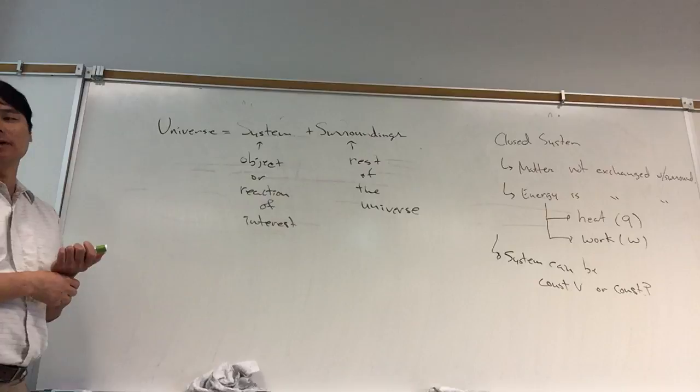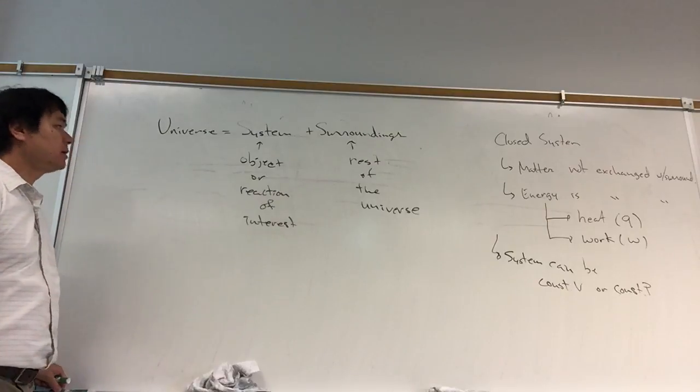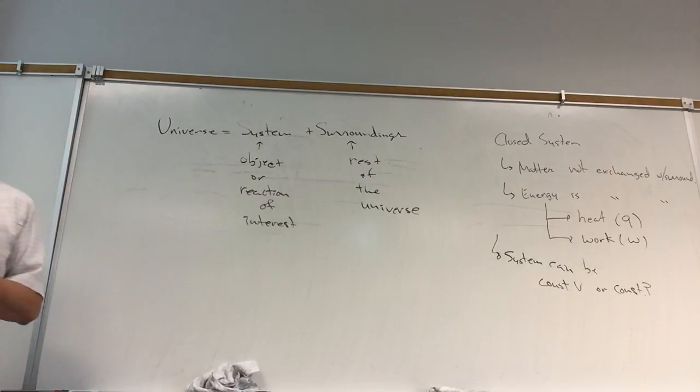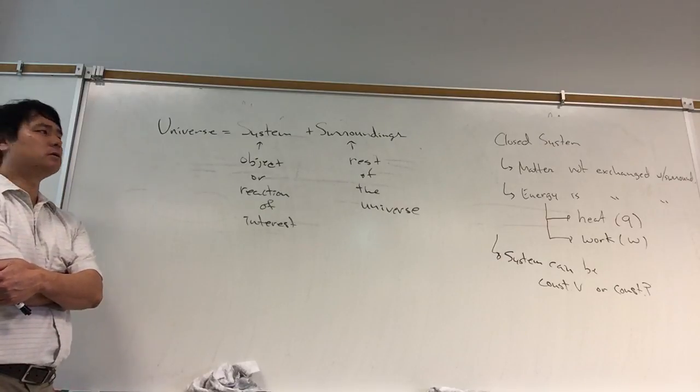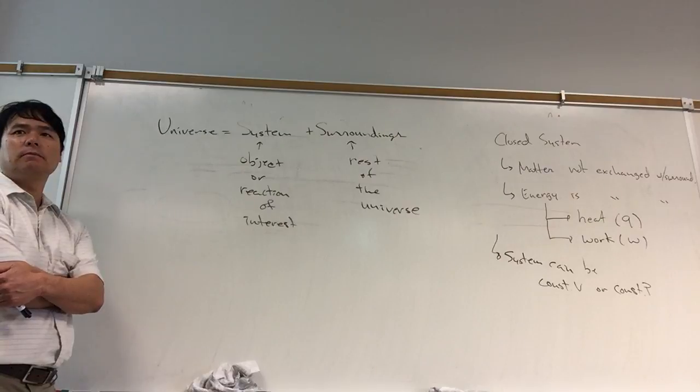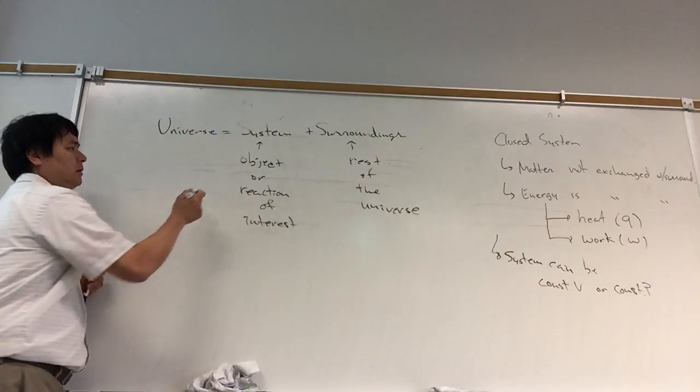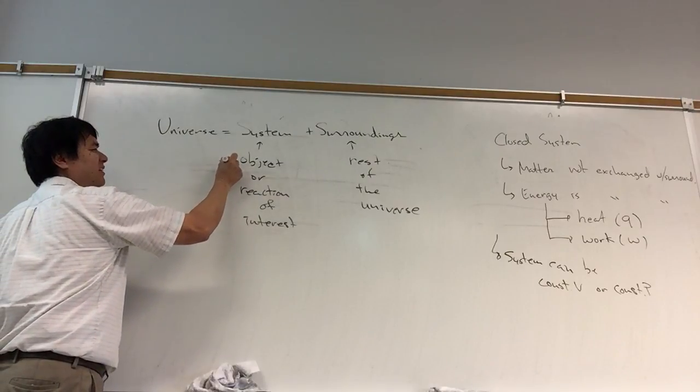All right, but let me summarize this quickly. When we talk about a system, we have to decide a couple of things. What things do we need to decide when we identify a system? Nobody's going to tell you what the system is. You're going to have to define the system yourself. And so when we define the system ourselves, first we want to determine, is the system an object?